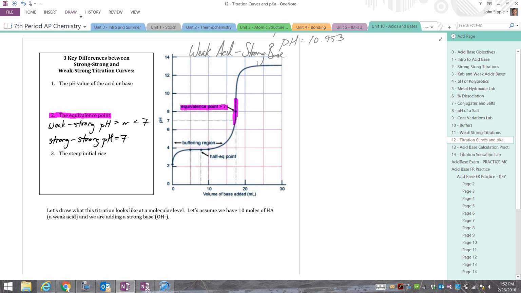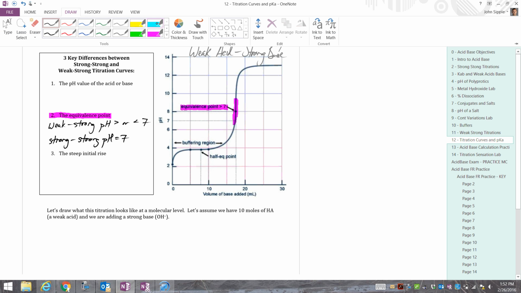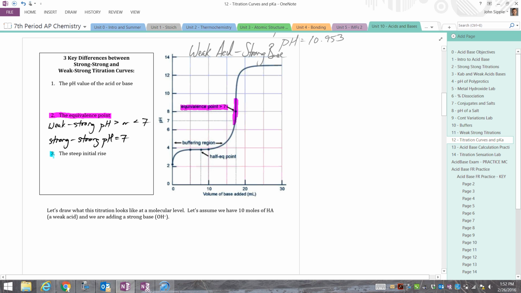All right. The other component is the steep initial rise. That's this part right here, and this component. We'll talk about both of those. Initially, right when you start adding, like here, we only had weak acid in solution.